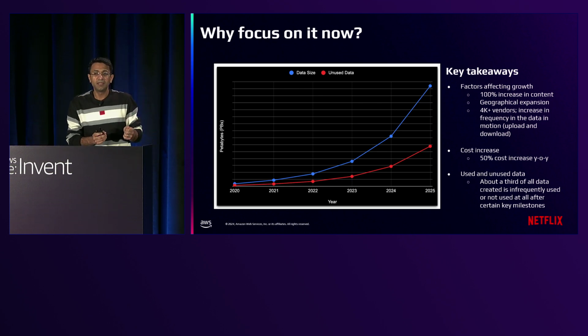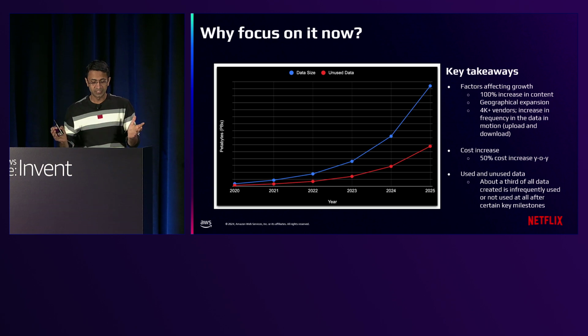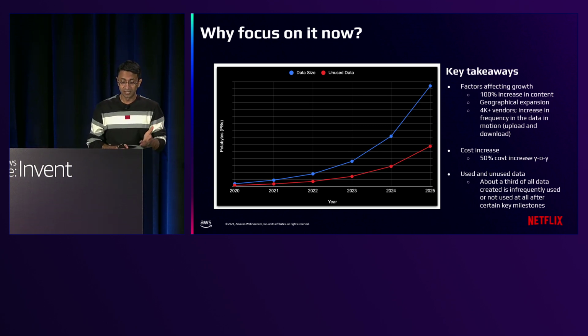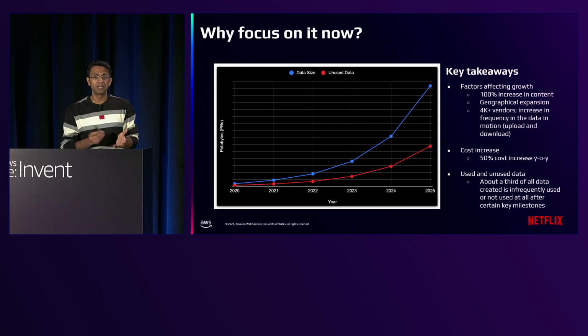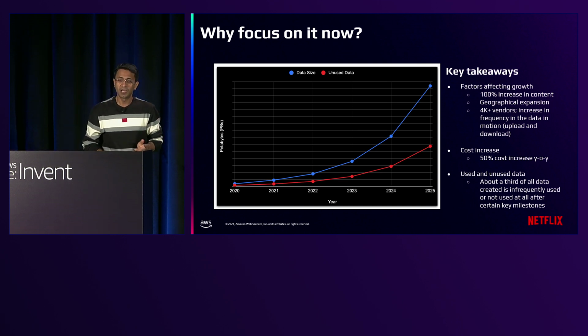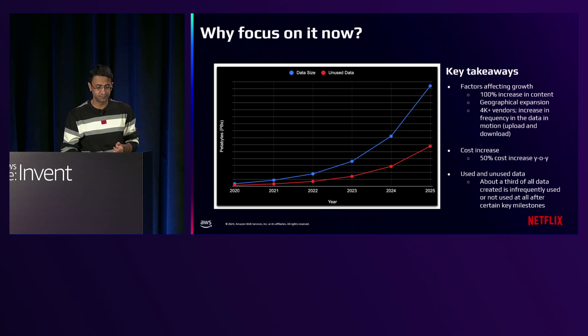We are not just paying for the data we use, but we are paying premium rates for an increasingly large volume of data that provides no business value to us. The trends make it clear we need to be smarter about our content lifecycle management. It's not just about storing more, it's about storing the right thing. Let's now take a look at how we can address these challenges by leveraging our access patterns.